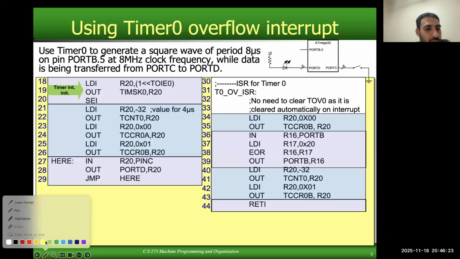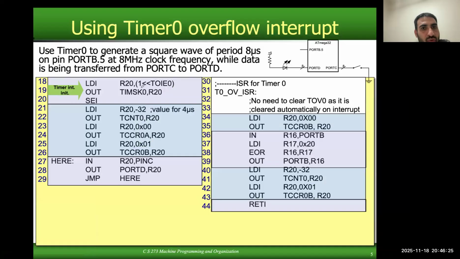So here we are saying, shift 1 to the left 0 times, which means don't shift it left. So you will have a binary code of seven zeros and then 1 in the least significant bit position, and then you are writing that value in TIMSK0, which means that you are enabling the timer overflow interrupt for timer 0, right?